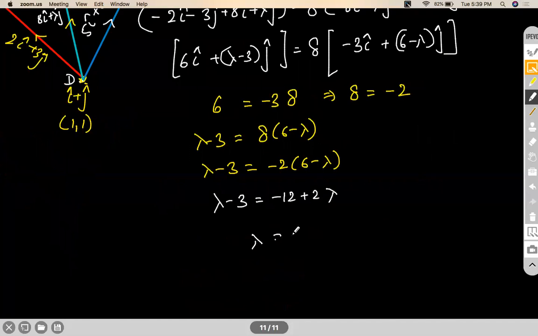So the lambda value is 9. Clear? Any questions? No, sir. This was easy. You should have all got it.